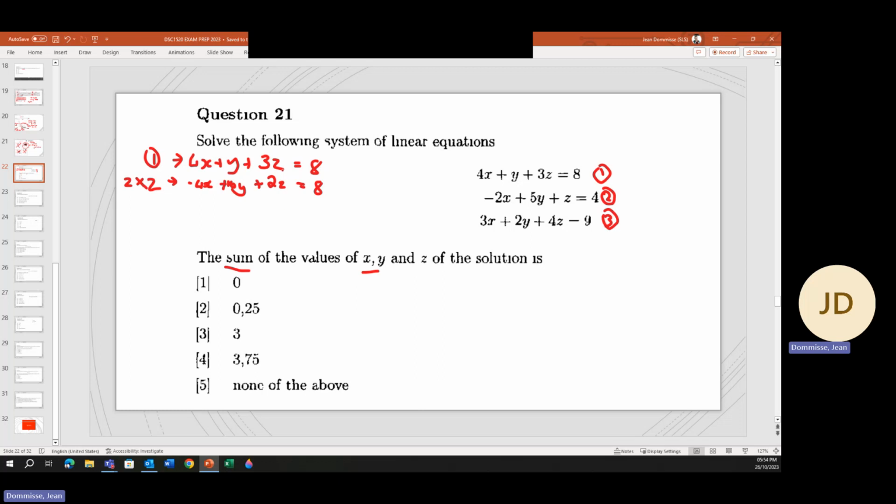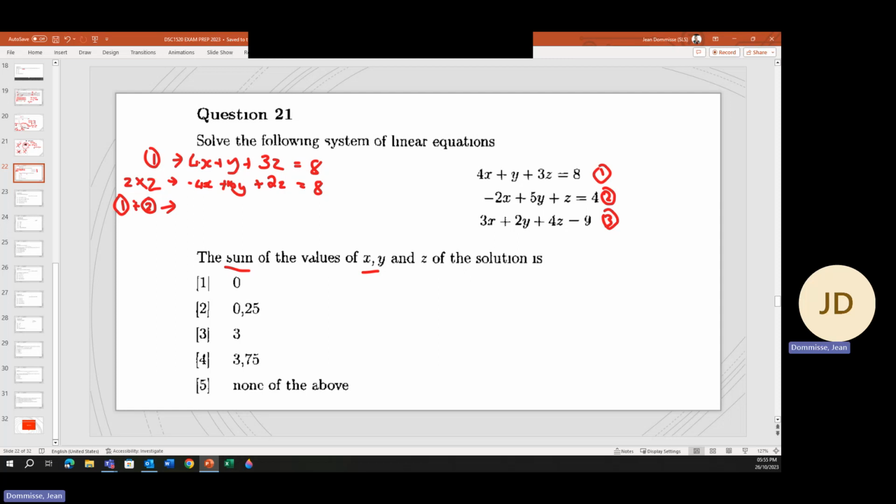And then we're going to basically say 1 minus 2. So we say equation 1 minus equation 2. So that minus, or sorry, plus. That is already minus.